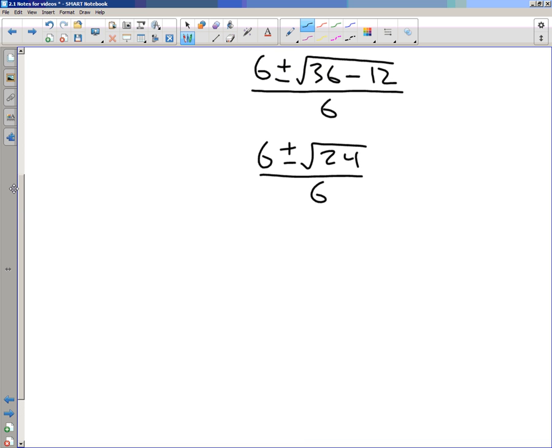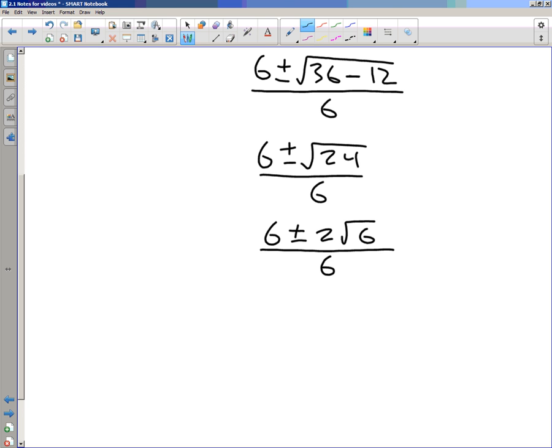And let's simplify that radical 24. There's something we can pull out of that. 24 is 4 times 6, so square root of 4 is 2 radical 6. Radical 24 turns into 2 radical 6. That's all over 6. So everything's simplified.